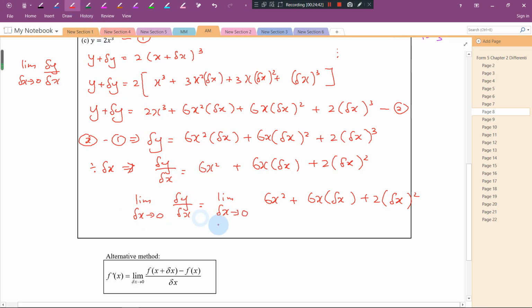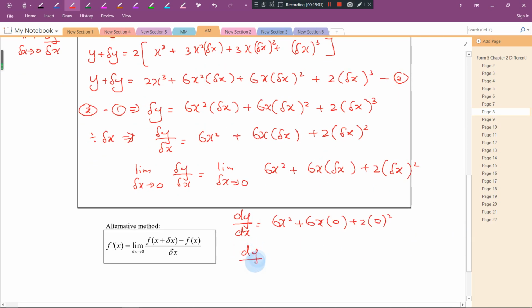Okay, I'm going to represent this one by using dy/dx. Here, I'm going to bring the 0 in here and here. 6x squared plus 6x times 0 plus 2 times 0 squared. So the dy/dx is equal to 6x squared.